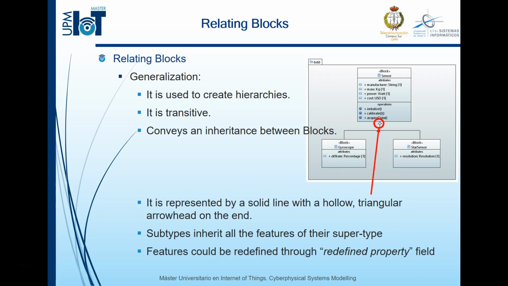So the transitive relationship is applied to this kind of generalization association. In Papyrus, it is represented by a solid line with a hollow triangular arrowhead at the end. So it is a relationship like class, subclasses, or types, subtypes, and so on.